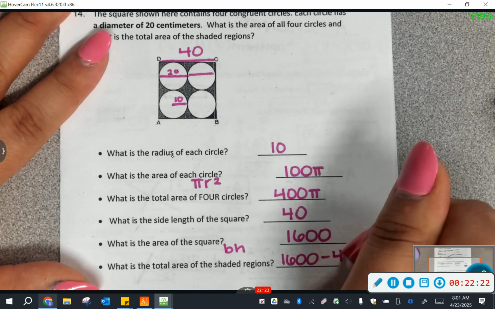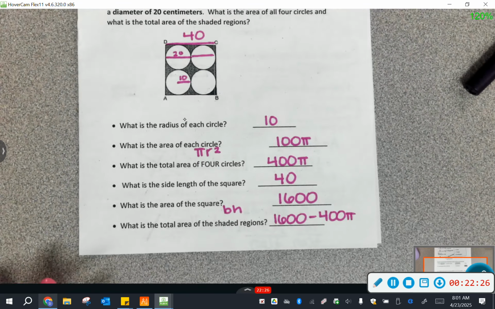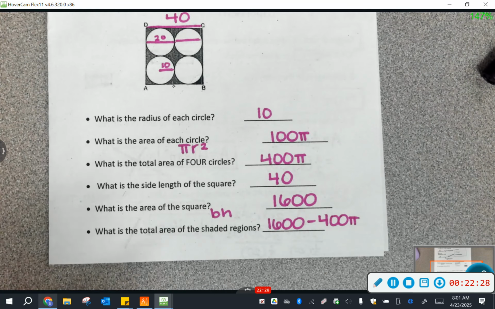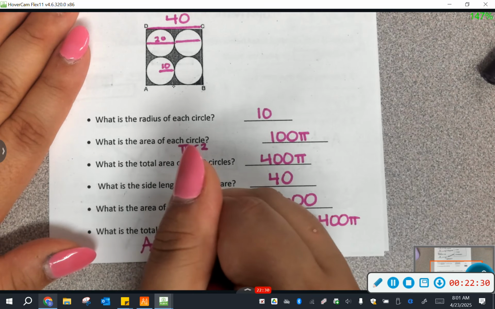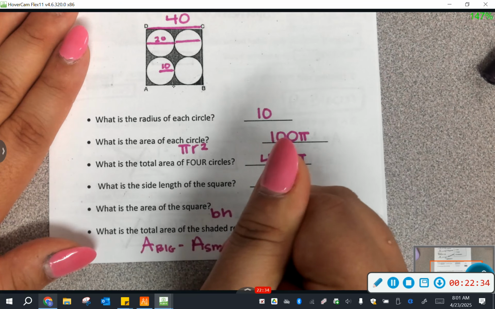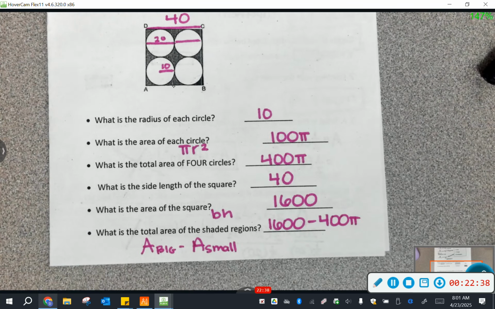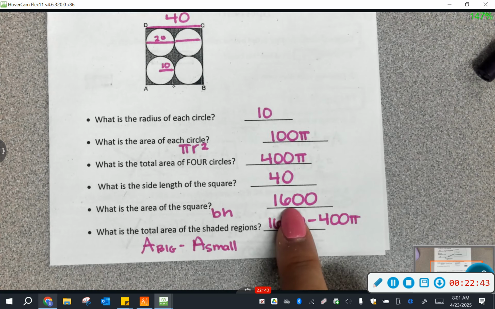When you subtract, leave it like that. Do not sit there and subtract them. Remember, you do the area of your bigger shape minus the area of the smaller shapes. That's why I did the 1600 first. 1600, that was 40 times 40.